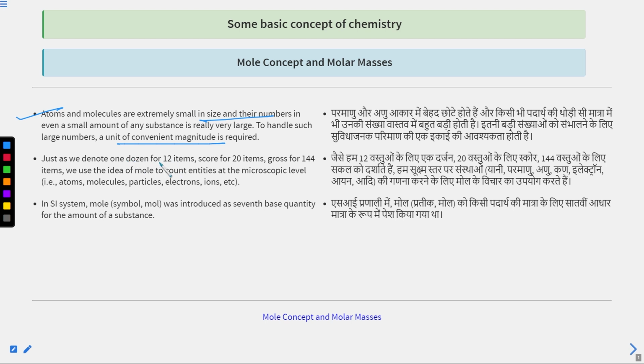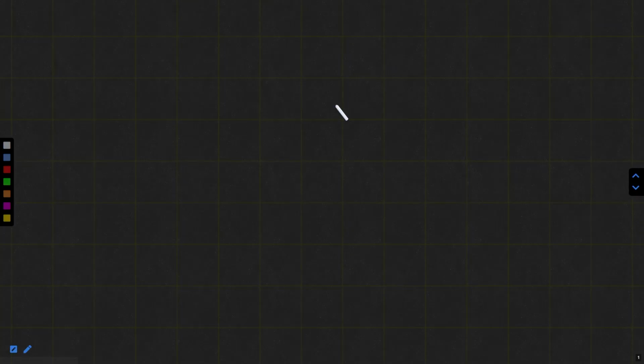Just as we denote 1 dozen for 12 items, 1 score for 20 items, gross for 144 items, we use the idea of mole to count entities at the microscopic level. It means atoms, particles, molecules, electrons, ions, cations, anions. So what is this 1 mole? 1 mole provides a fixed number.